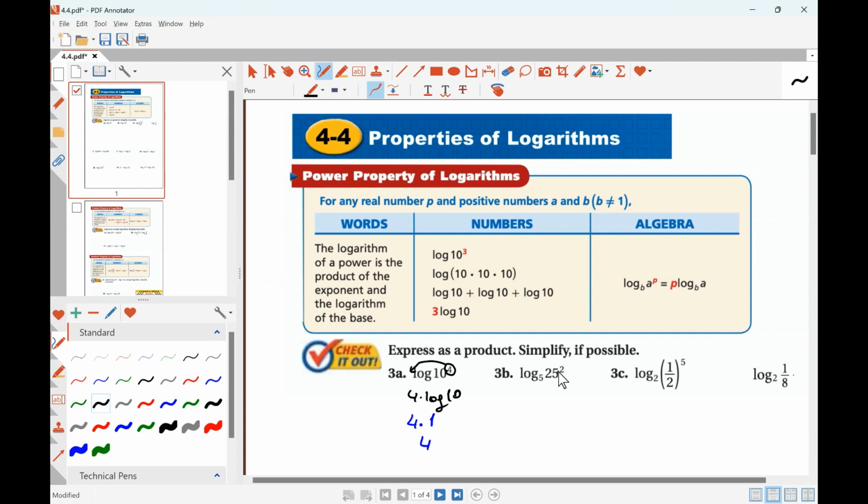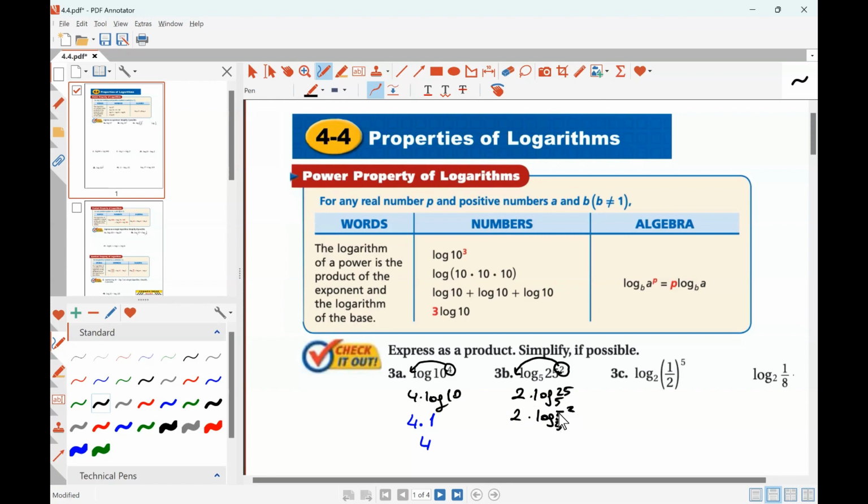We have an exponent here too. So let's pull this exponent out in front. So it's 2 multiplied by log base 5 of 25. Okay, we got rid of the exponent, but we still couldn't simplify the logarithm. We can write 25 in terms of 5. 2 times log base 5 of, in place of 25, I can write 5 squared, right? 5 squared is equivalent to 25.